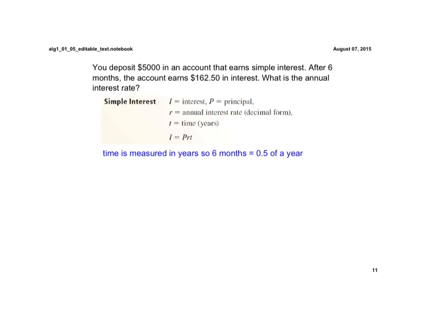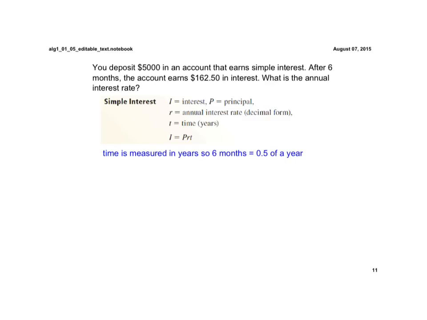And then here's another one, just simple interest. You deposit $5,000 in an account that earns simple interest. After 6 months, the account earns $160.50 in interest, what was the annual interest rate? And so they give you what everything is. Remember, time is measured in years, so 6 months would equal 0.5 years.